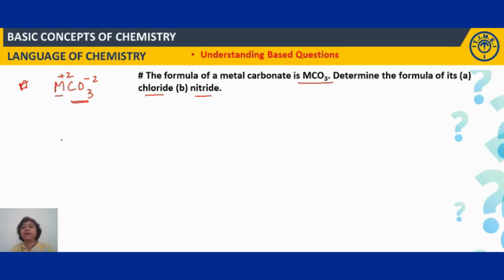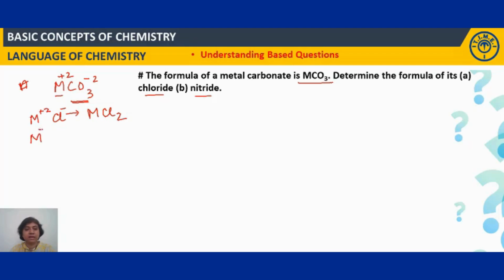Now chloride and nitride very easily we can write, because now we know the valency of the metal and negative radicals are given. So first let us work out chloride. M plus 2, Cl chloride, C capital L small, minus. So the formula is, I am waiting for you, MCl2.